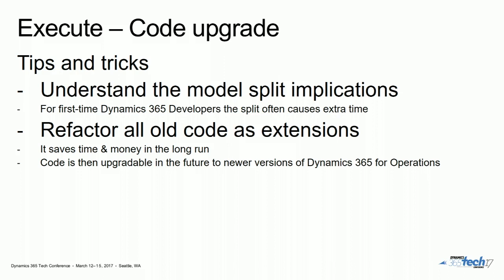When it's brought forward into Dynamics 365 for operations, my single model, Tarek's model, will get divided into lots of different models depending on what I'd been overlaying. If I overlaid something in Suite, I'll have Tarek's Suite model. And where I'd overlaid something in Platform, I'll have Tarek's Platform model, and so on. Depending on what I'd overlaid, the code upgrade tool will have created separate versions of my model that relate to that package.